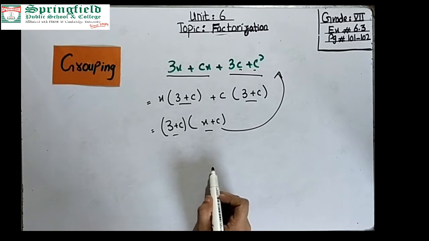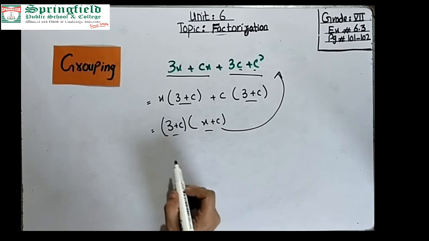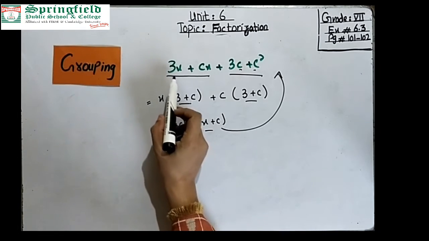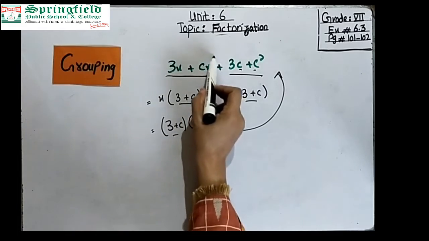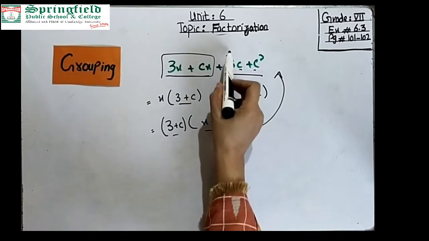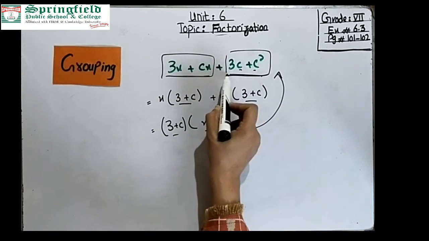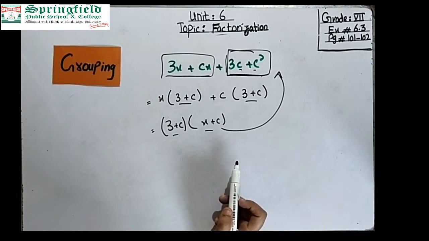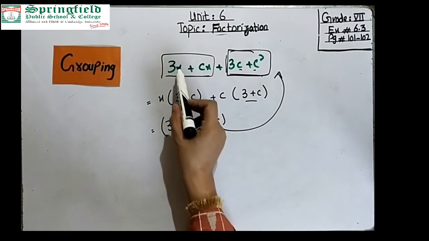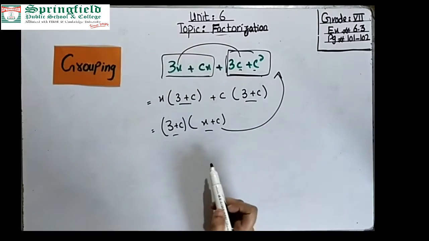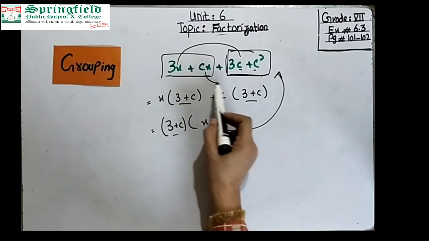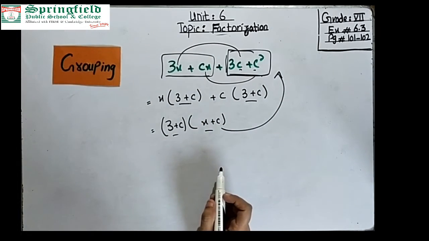Understood, beta? Keep in mind that it is not necessary that we make the pair of the first 2 terms and then the group of the next 2 terms. We can make the group of the first and third algebraic terms, and the second and fourth algebraic terms.